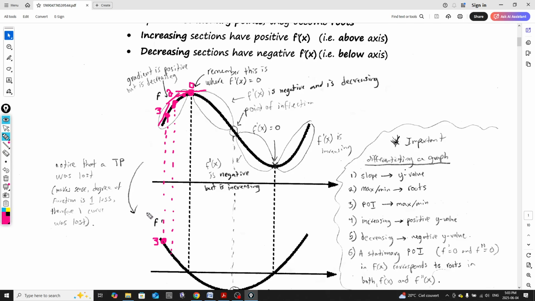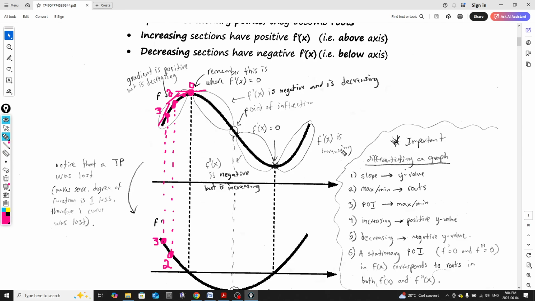So on the f prime graph, for this x value, the output is the slope of the tangent line. So the y value here is going to be 2. And so that's the first thing that we realize, that when we go from f to f prime, the slope on f in fact corresponds to the y value on your differentiated graph.